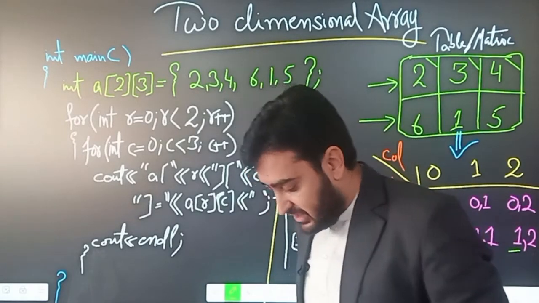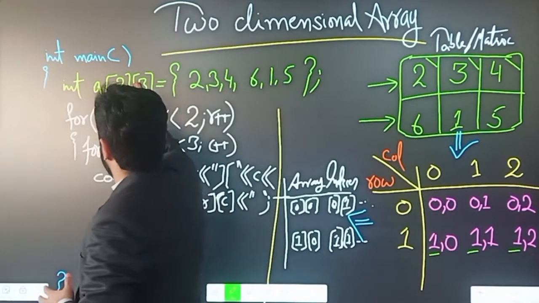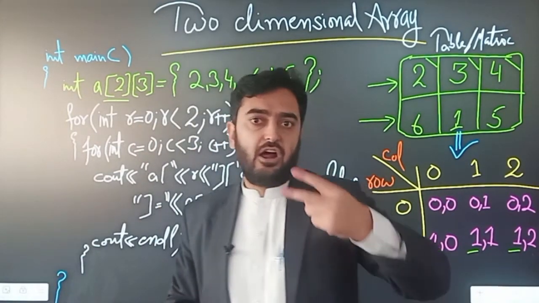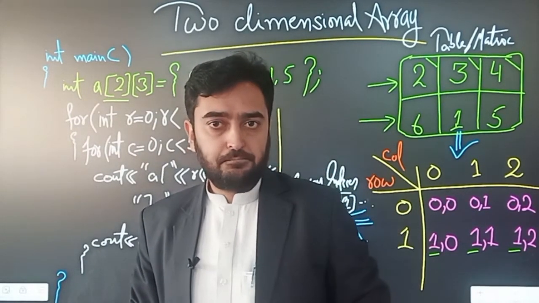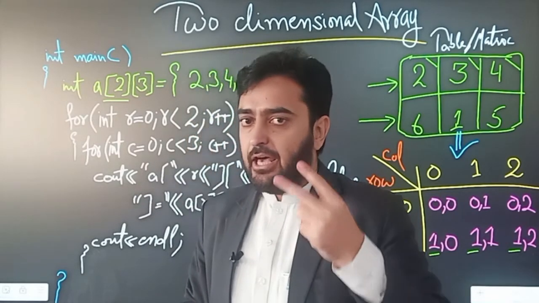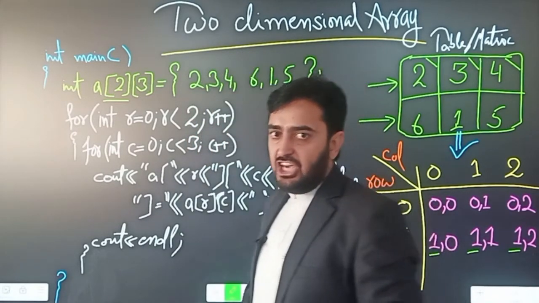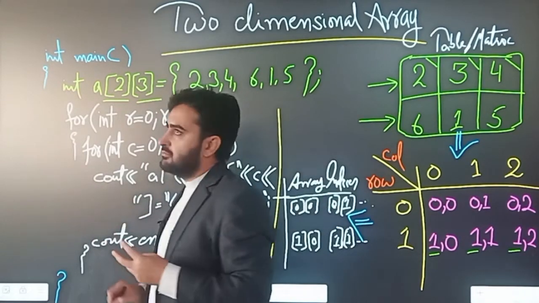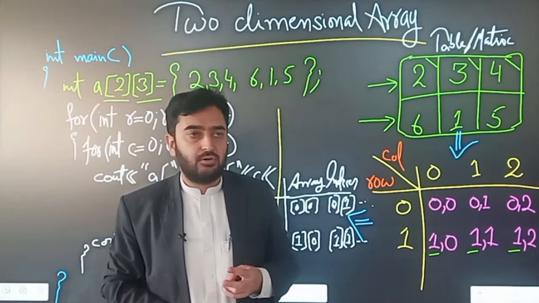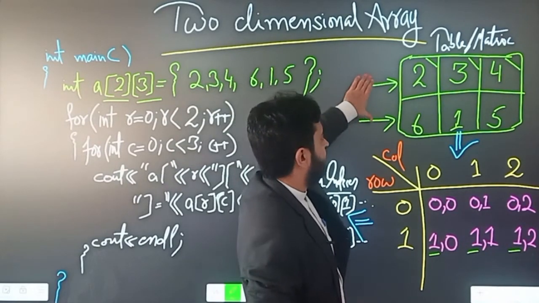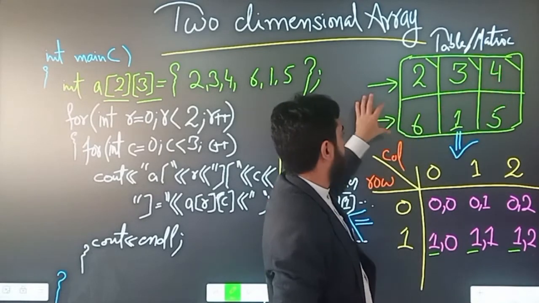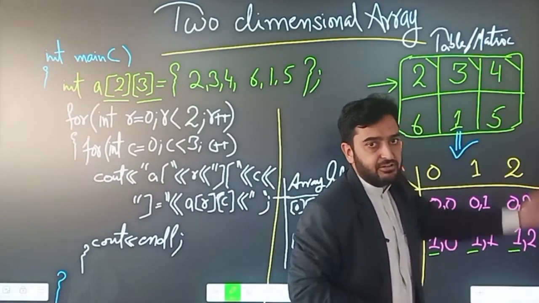The first declaration represents that there are two elements, and in each element we have three different elements.